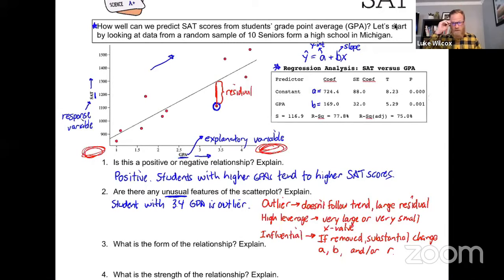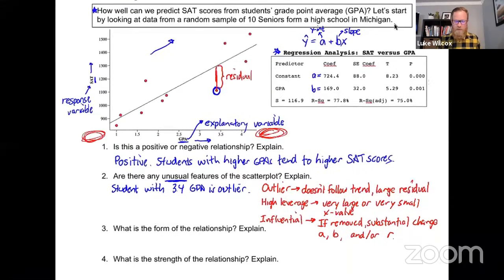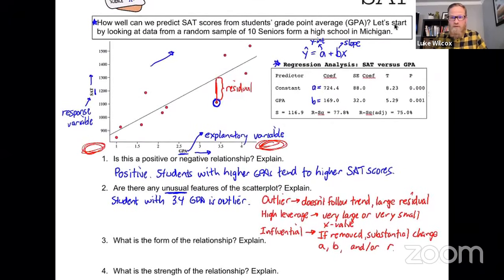So let's move on to question number 3, which says, what is the form of the relationship? Now for AP statistics, in terms of the forms of the two variable data, for the most part, you're either going to say linear or nonlinear. Does it generally look like it follows a line or it doesn't follow a line? In this case, I would say that it looks fairly linear. So we're going to record our answer for the form as linear.